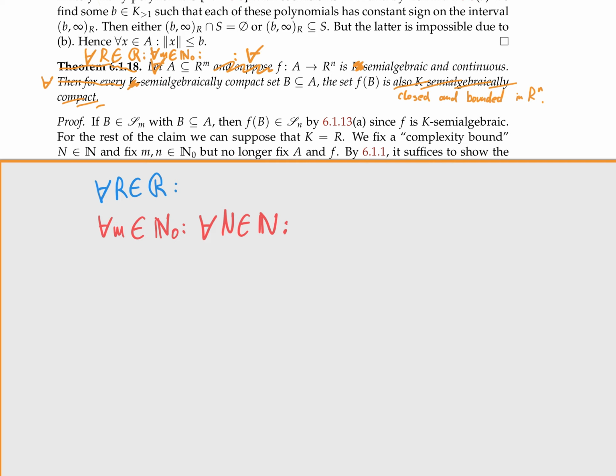And when I speak about the coefficients of these polynomials, speaking about polynomials of restricted degree can be done by speaking about the coefficients. So this capital N will serve as a bound, more or less, for the number of polynomials, or the number of polynomials will depend in some way on it, the polynomials that define this f, for example, and also the B. Actually, the B also is defined by polynomials, and so it will be a complexity bound for the degree and for the number of these polynomials defining f and B and so on.